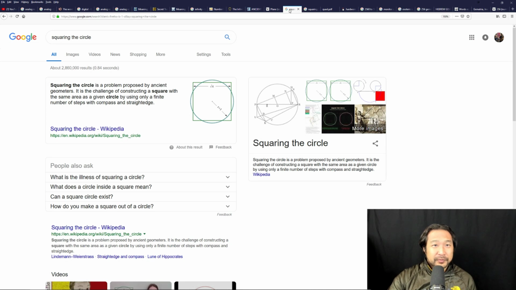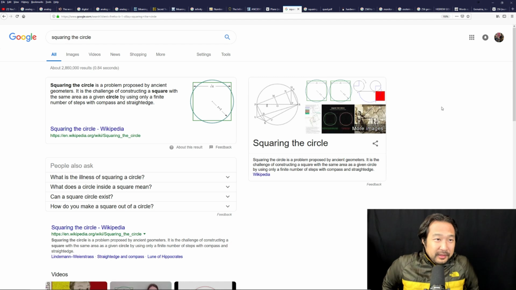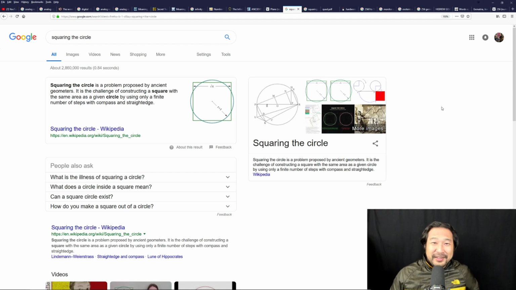So, squaring the circle has always been a problem proposed by ancient geometers, and it's a challenge of constructing a square with the same area as a given circle by using only a finite number of steps with compass and straight edge. Of course, I watched Marty Leeds' videos, and you'll definitely want to go on his videos about what the square and the circle is and Freemasons, and you're going to learn quite a bit.